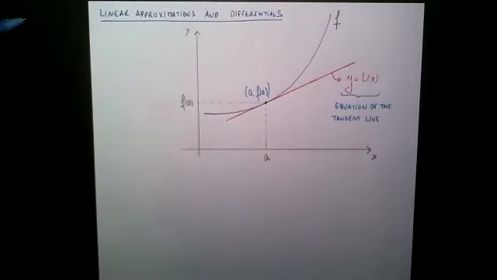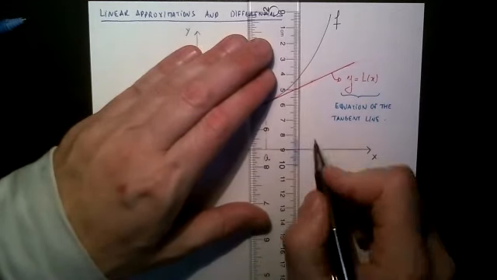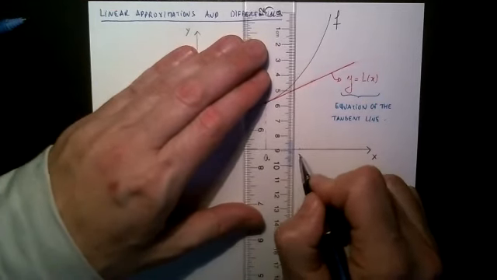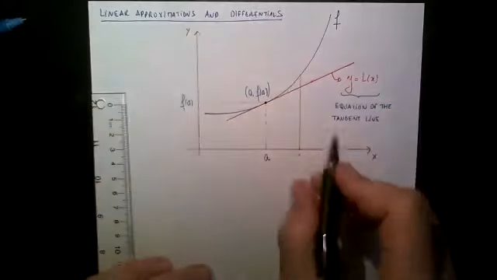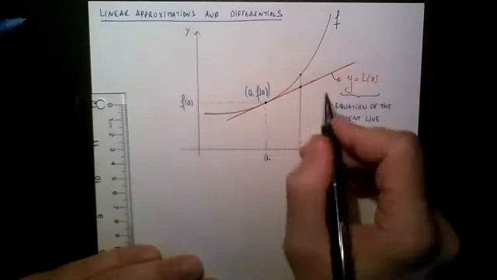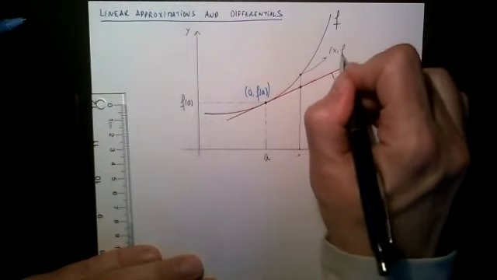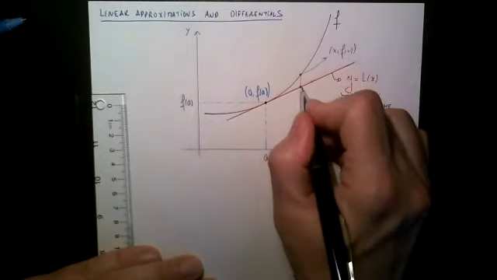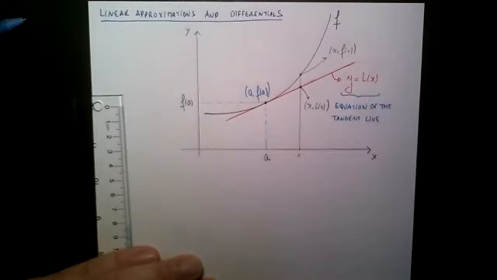If I take a value x here, there's going to be two values: this point x, f of x, and this point x, L of x.